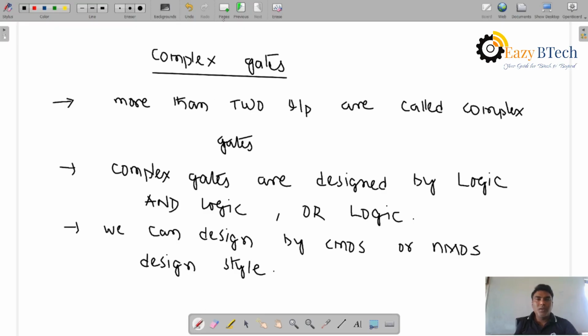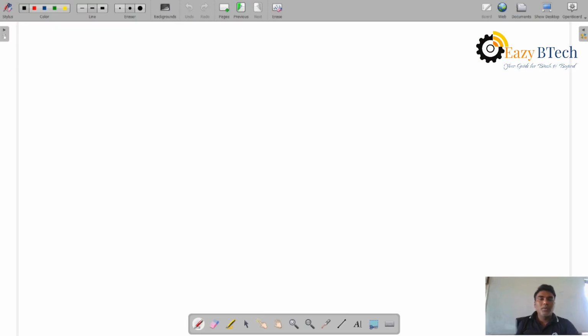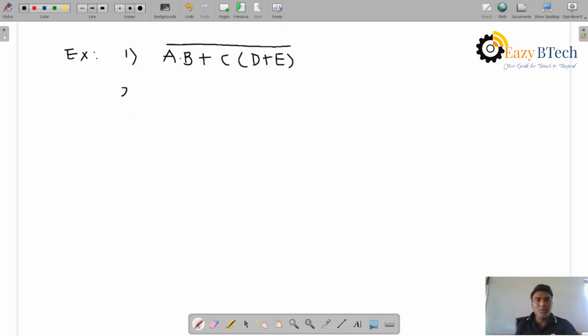The first one, let me go for example. The examples of complex design: example 1 is A into B plus C into D plus E, complemented.